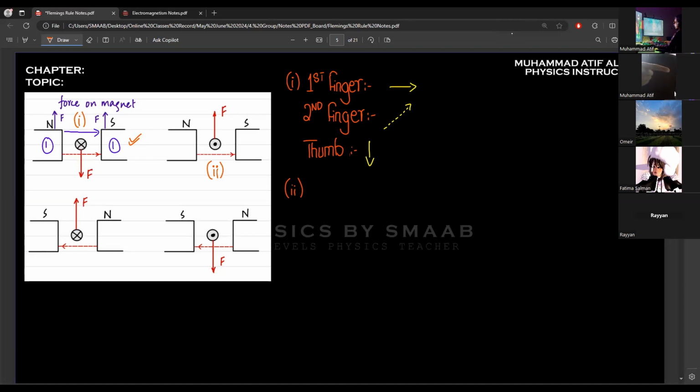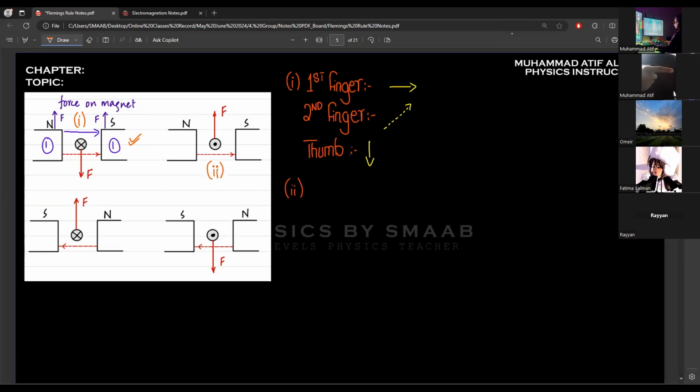From left to right. And then you have to open up the second finger for the direction of electric current. And what is the direction of electric current? Into the paper or out of the paper? It's out of the paper, right? Out of the paper, because there is a pointed line, so it shows you out of the paper.